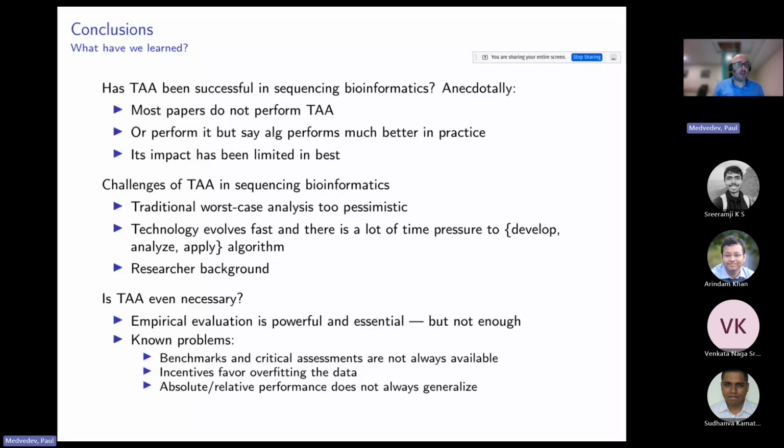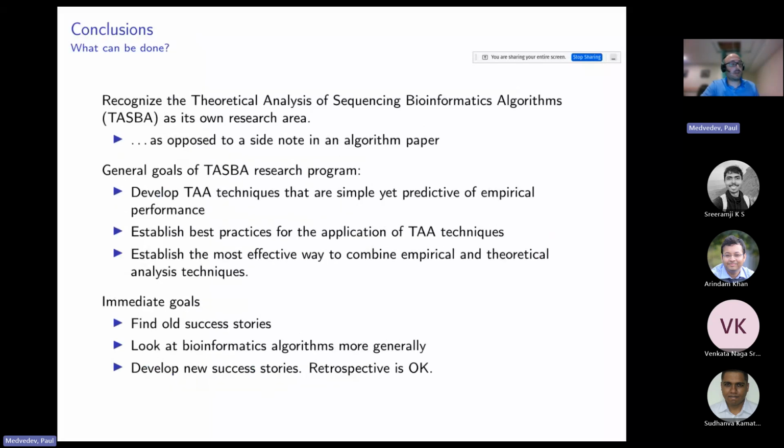And even when they are, you might have incentives to overfit the benchmark. And then we're stuck with the idea that the performance of the algorithm doesn't generalize well. If you evaluated it in your paper on some data set and it worked well, it's quite often the case that in somebody else's hands and on some other data, it won't work well. So I do think that it's necessary, and we should try to make some progress in making the theoretical analysis more applicable.